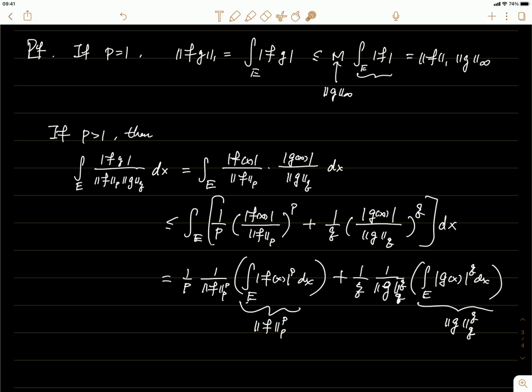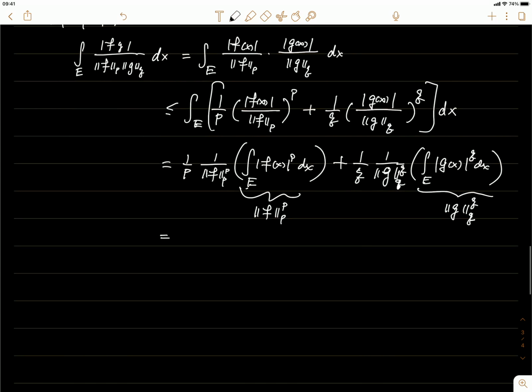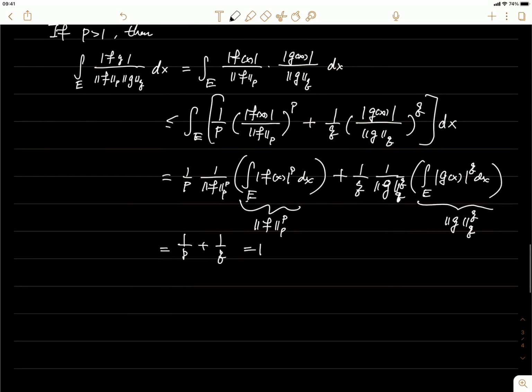Because this one is the same as this, so they will cancel, which is equal to 1, and this is equal to 1. So that's why we just have 1 over p plus 1 over q on the right hand side, but this is equal to 1 because the two are conjugate to each other. It's a beautiful result that we just end up with 1.